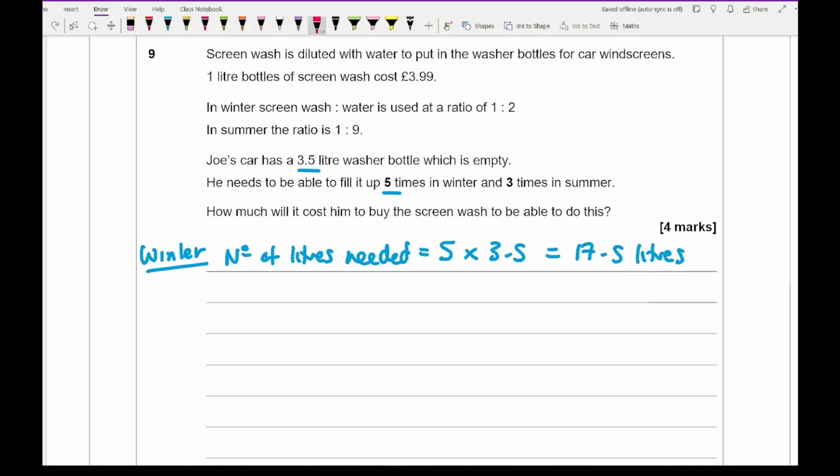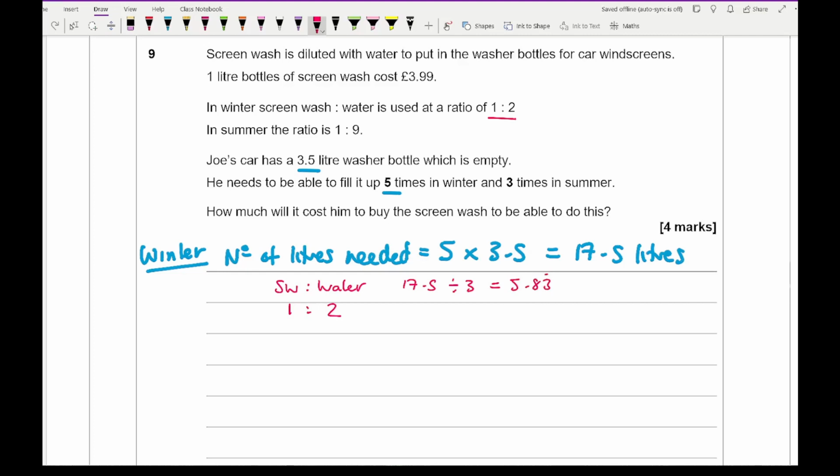Now from this, what I then need to do is use this ratio to work out how much of that 17.5 is going to go on screen wash and how much of it is going to go on water. So here I've got screen wash to water, and I've got the ratio of 1 to 2. So then that's 3 parts. So 17.5 divided by 3 gives me an answer of 5.83 recurring.